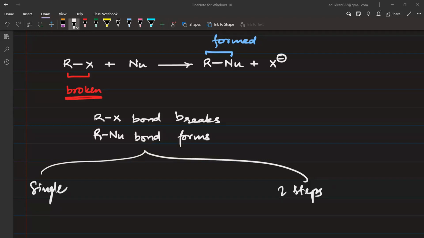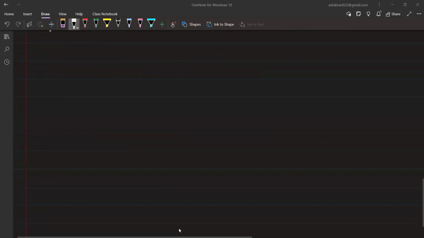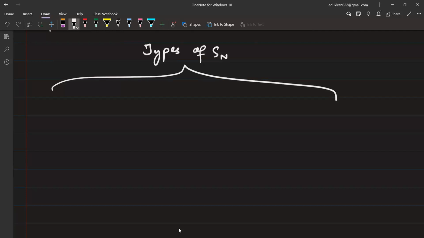Now, if we are going to write the types of SN, meaning nucleophilic substitution, there are 2 types of SN, please write. One is known as SN1 and the other one is known as SN2.